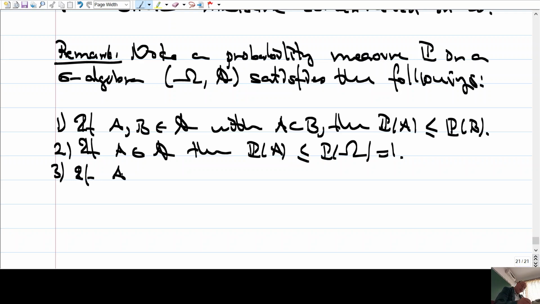If A is an event, then its complement is also an event. And what is the measure of that?